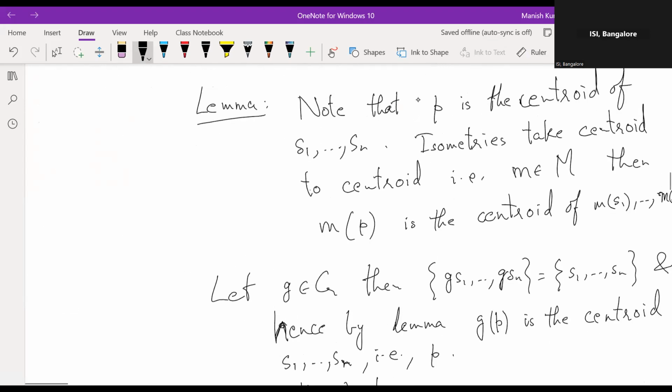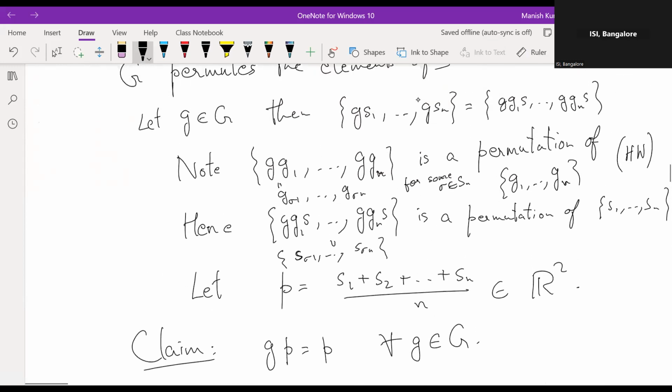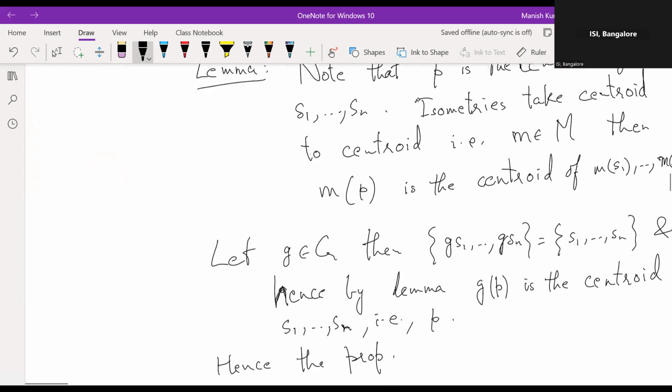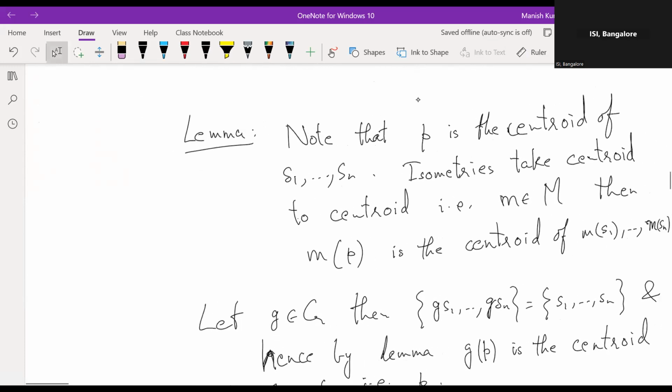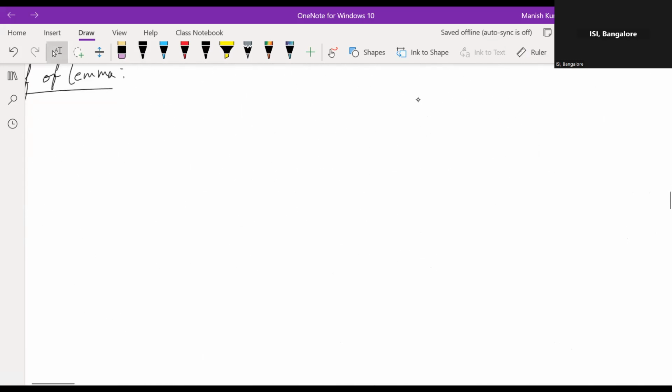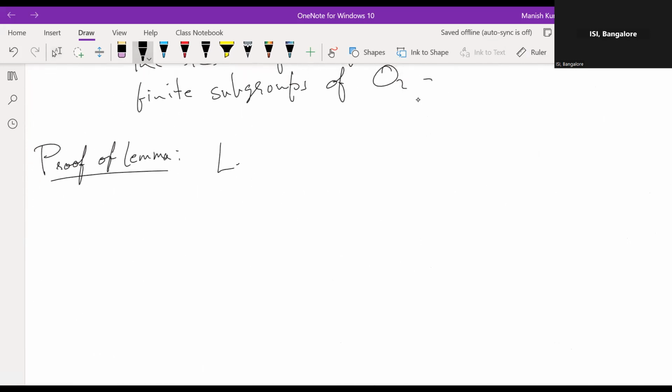So this is the lemma. We want to say that centroid goes to centroid under any element of M. So let M be in M. How does M look? M is some TA composed with rho theta composed with R, or TA times some phi where phi is a linear map.